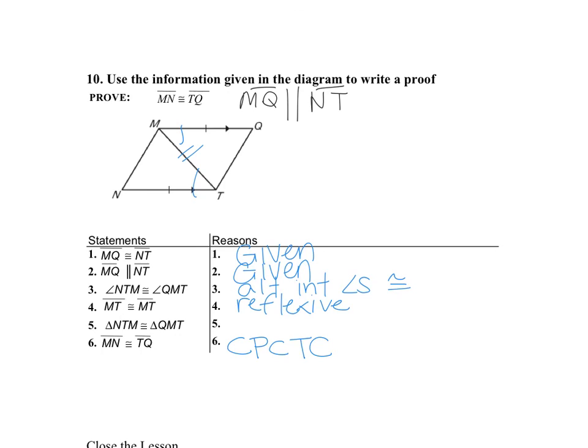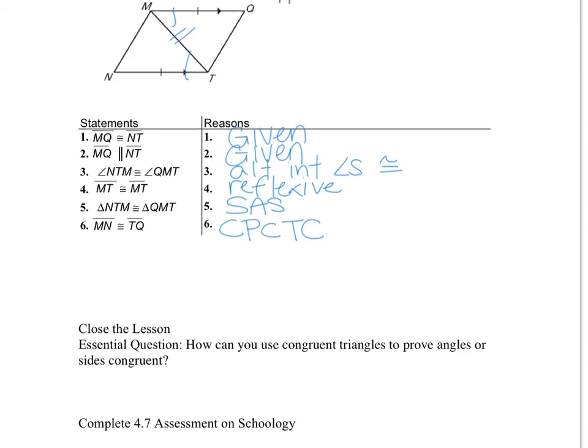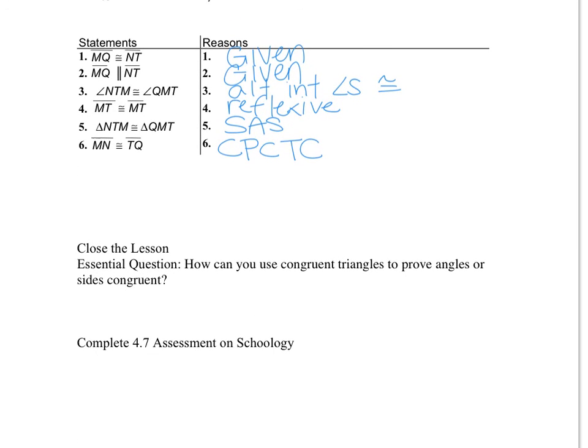And now I have two triangles congruent, and what reason is that? One of our theorems or postulates: side, angle, side, HL, side, side, side, angle, could be any one of those. And then, like I said, after we have congruent triangles, your reason is corresponding parts of congruent triangles are congruent.